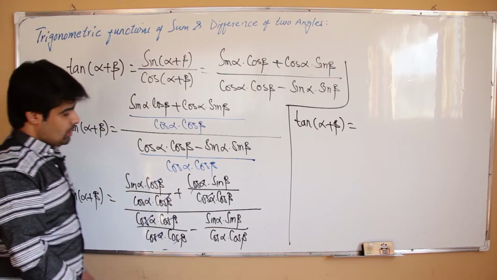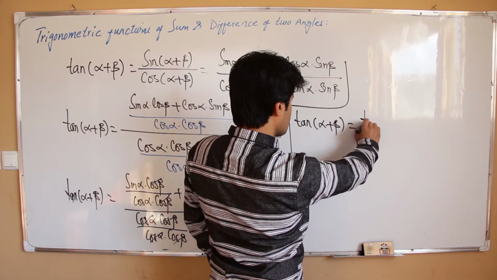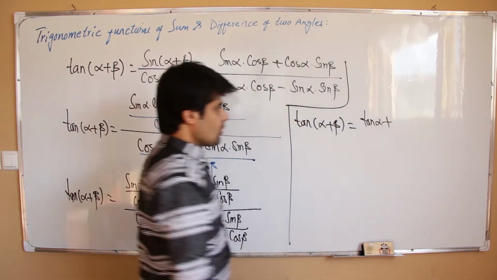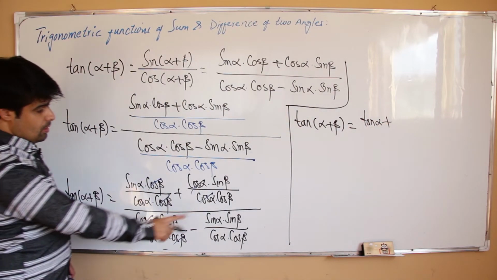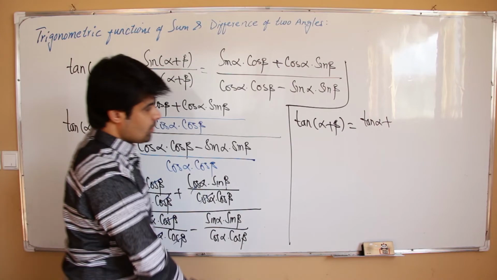Sine divided by cosine is tangent of alpha, sine divided by cosine is tangent of beta, over 1 minus tangent alpha times tangent beta.